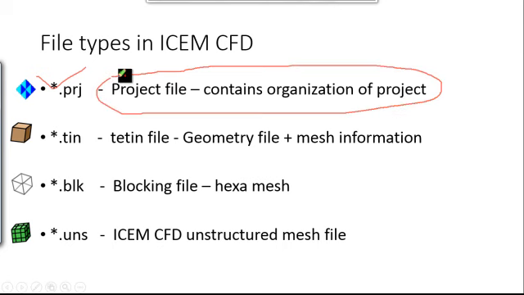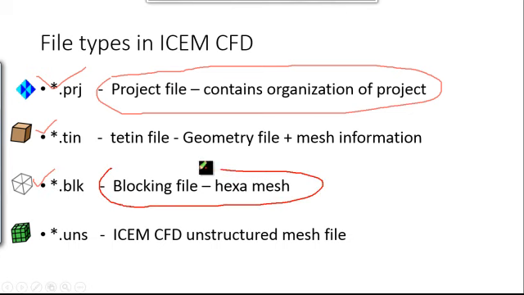For example, which geometry file is related to the project, which blocking file, the outline of the hexagon mesh, is also related to that geometry, and also the geometry file contains the geometry information as well as the mesh information. And the last one is the unstructured mesh, which is produced either from the hexagon mesh or directly using the tetra mesh methods.